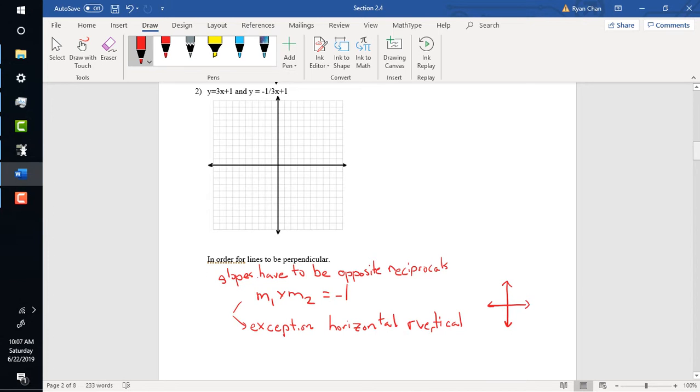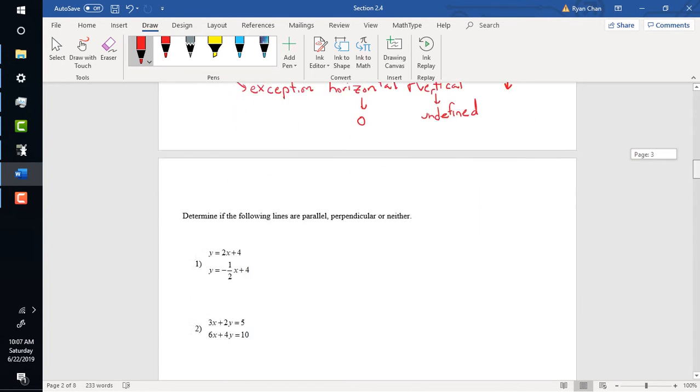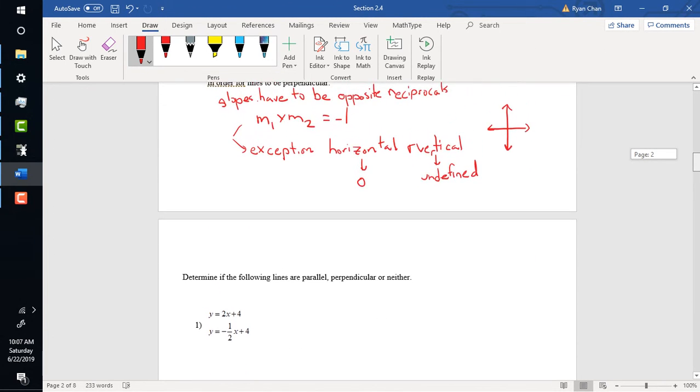And we know the slope of a vertical line is undefined, and the slope of a horizontal line is 0. So 0 times undefined is not -1. That is our one exception, okay? But for everything else, if you multiply our two slopes, it will be -1.